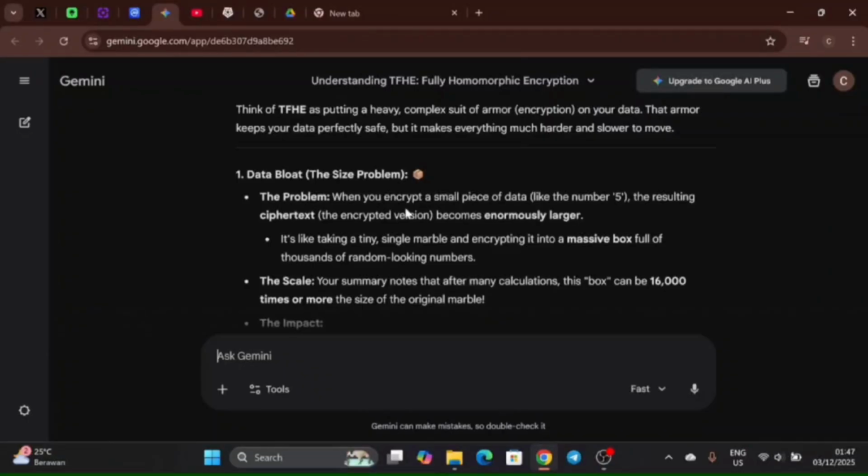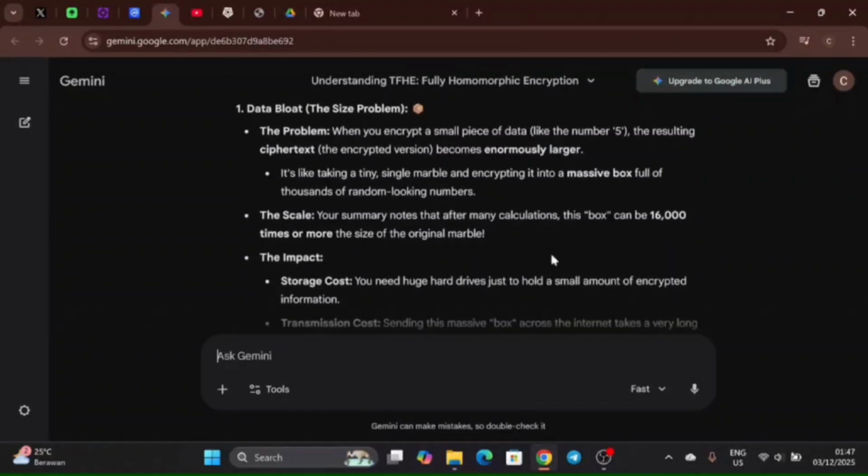It's like taking a tiny single marble and encrypting it into a massive box full of 1,000 random-looking numbers. Got it. The scale: after many calculations, this box can be 16,000 times or more the size of the original marble.